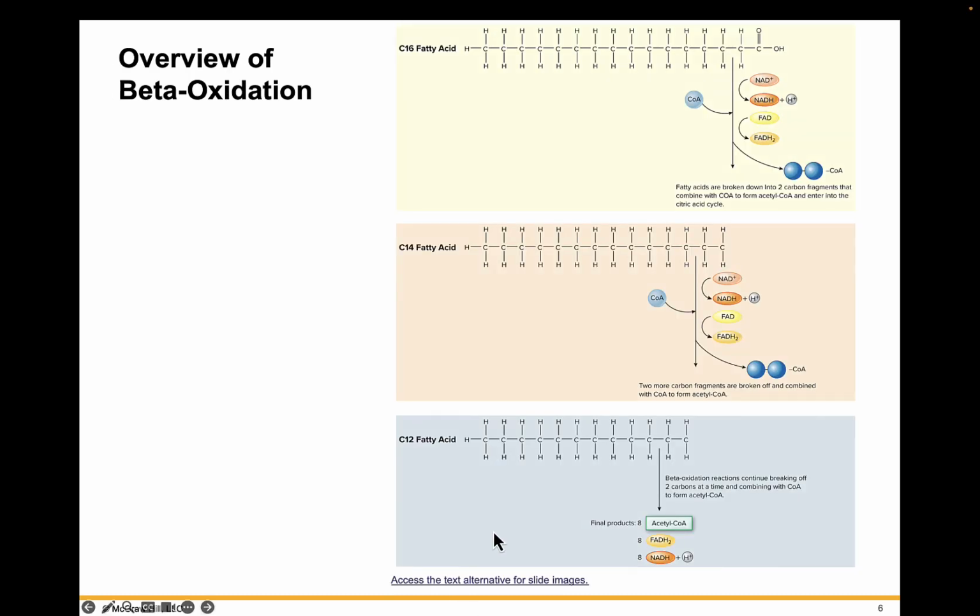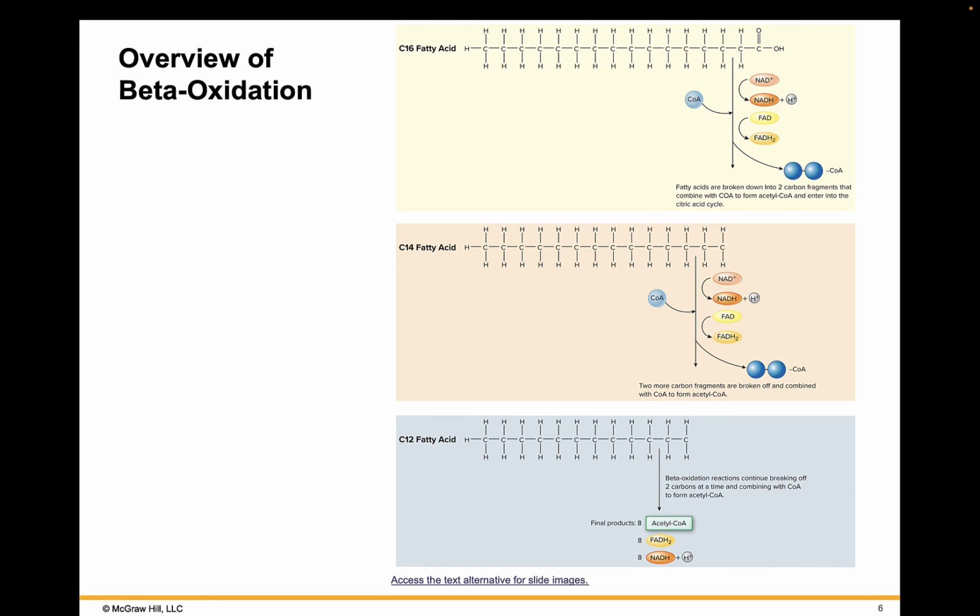Now here we're looking at an overview of beta oxidation. We're starting off with a 16-carbon fatty acid, and we cleave 2 of those carbons. Here's our acetyl-CoA, but also notice we end up with some electron transport molecules as each 2 carbons are cleaved off.